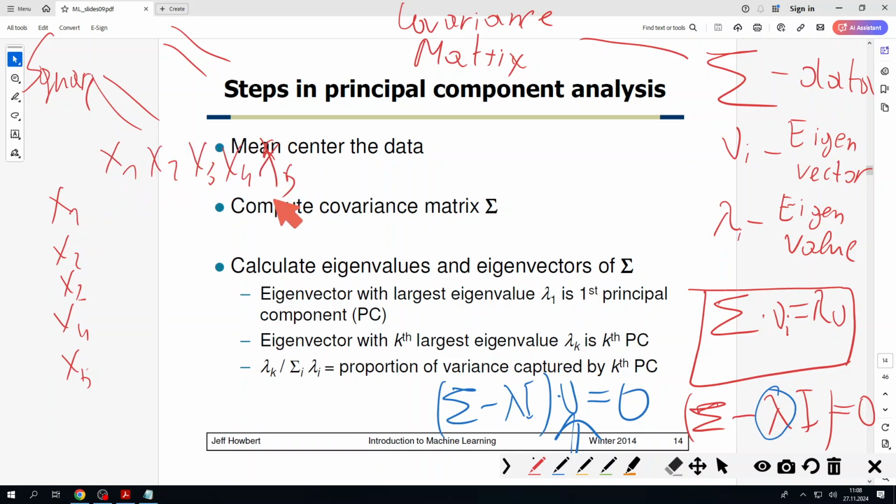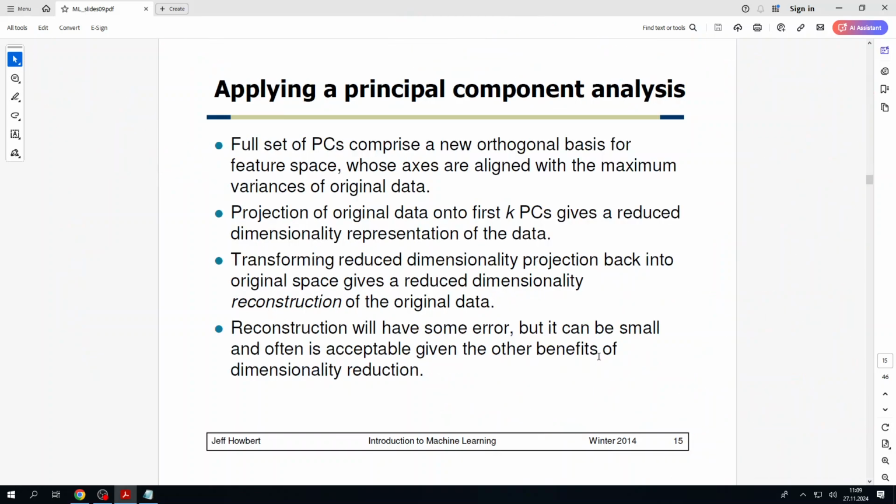That's again the point of reducing these dimensions. But if the original data has, let's say, 1 million inputs, you will have a covariance matrix of 1 million by 1 million, and you will need to find these solutions for this large matrix. So of course that becomes computationally expensive and difficult to do.